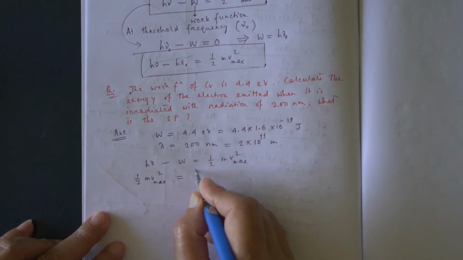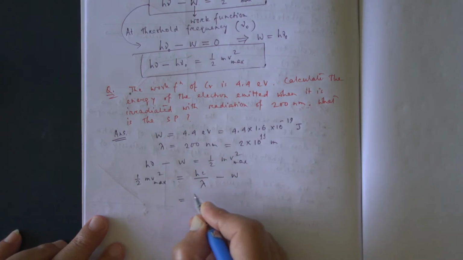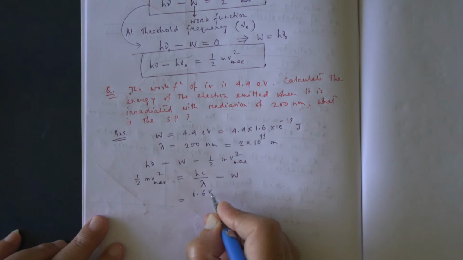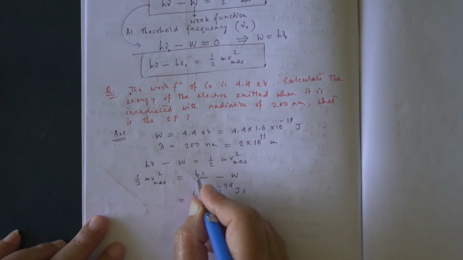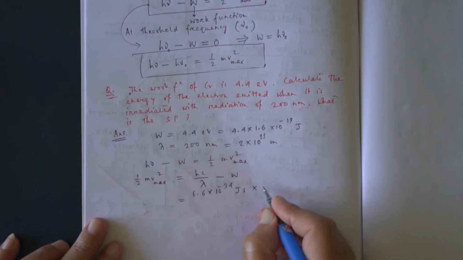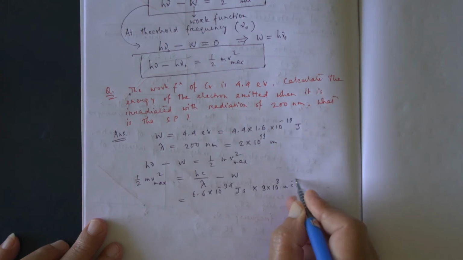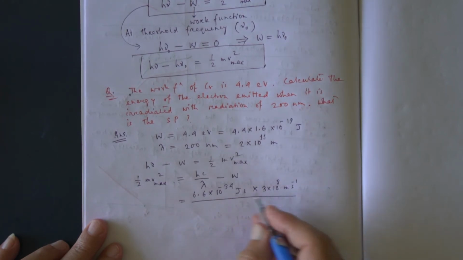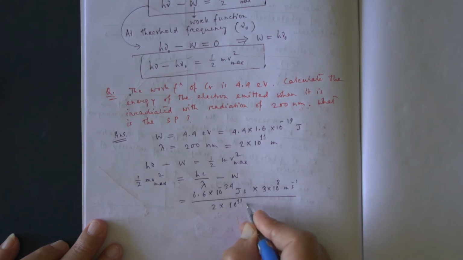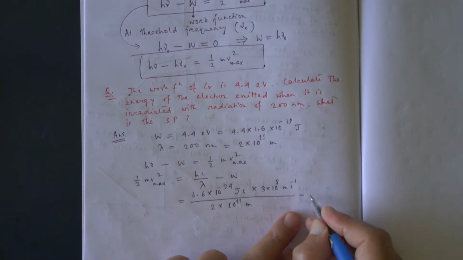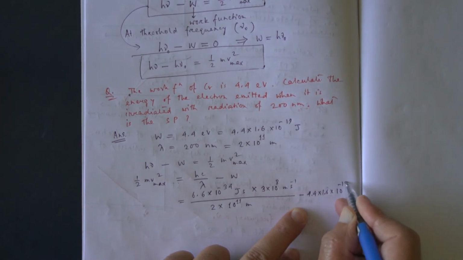Half m v max square equal to hc by lambda minus W. So h is 6.6 into 10 to the power minus 34 joule second, the unit of h is joule second, c equal to 3 into 10 to the power 8 meter per second, and lambda equal to 2 into 10 to the power minus 7 meter, minus this 4.4 into 1.6 into 10 to the power minus 19 joule.